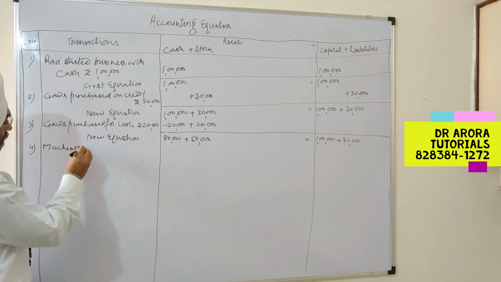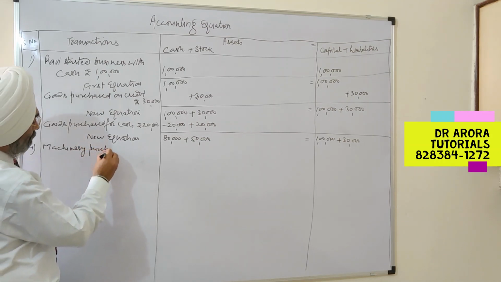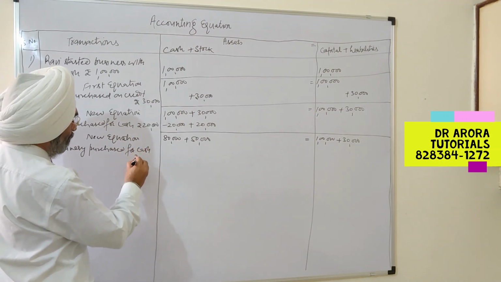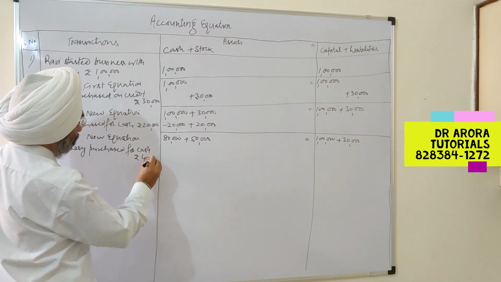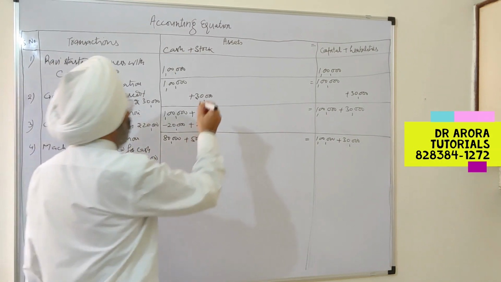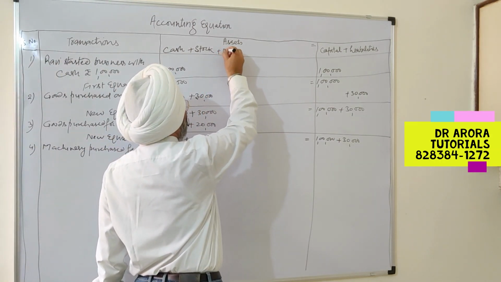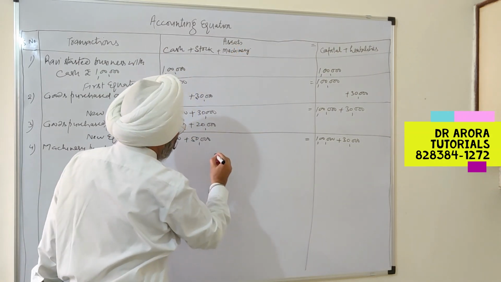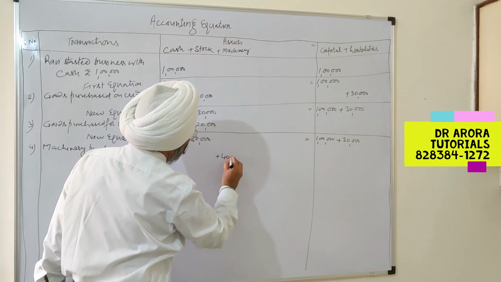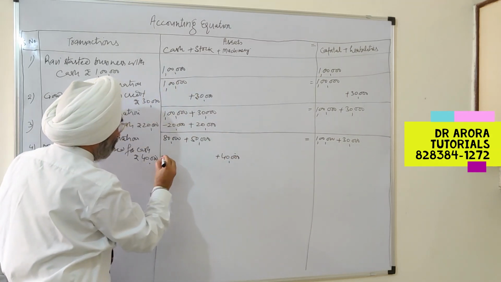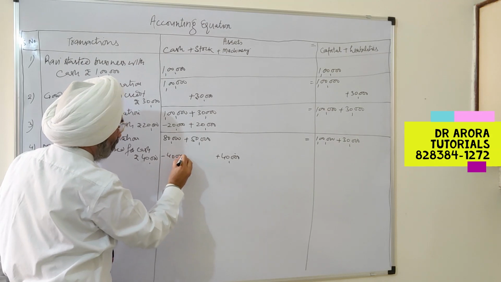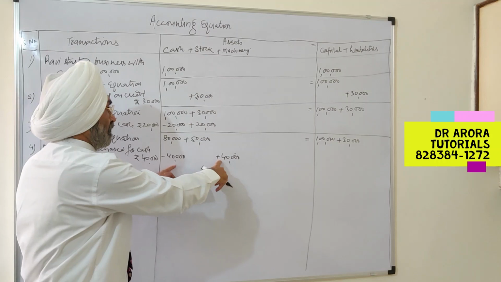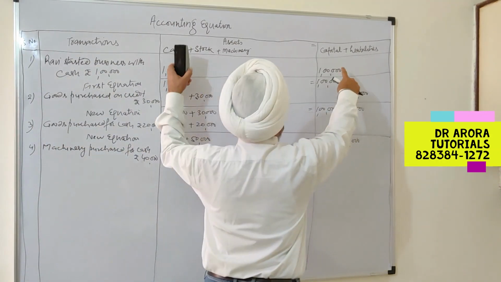Machinery purchased for cash, rupees 40,000. Now our new asset has come, machinery. So machinery as an asset will increase and our cash will decrease by 40,000.